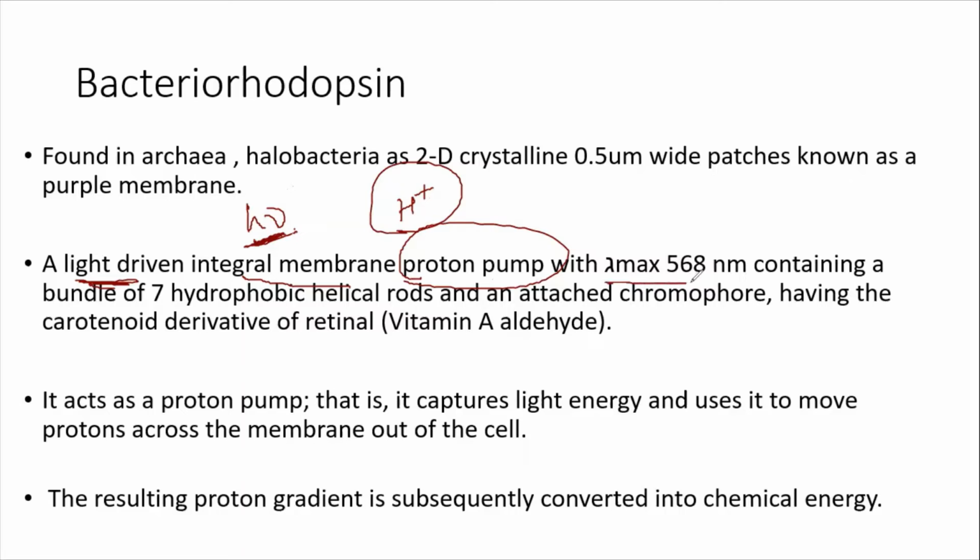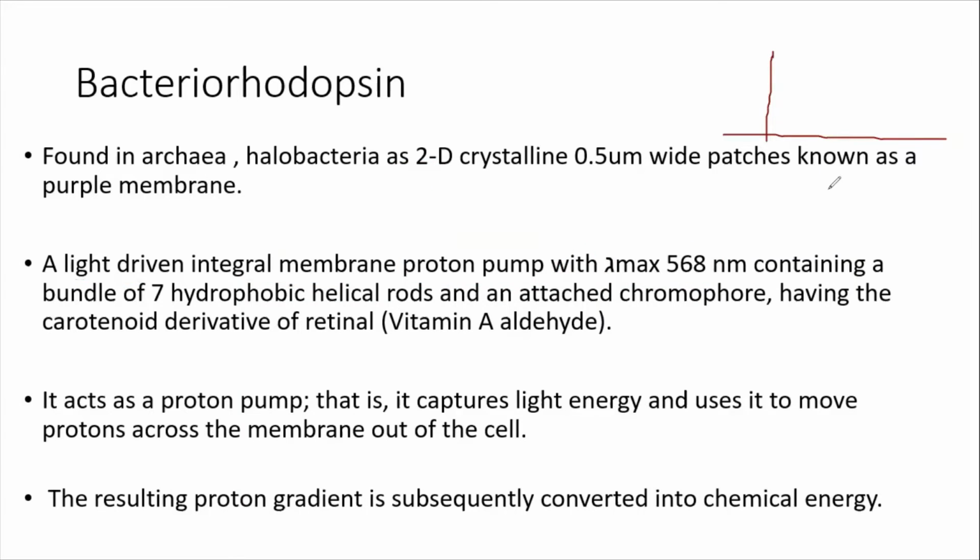Now with a lambda max of 568. So what does this mean? Lambda max. This is also for the wavelength, right? So we say lambda max. Before I proceed, let me tell you. Here we give the wavelength. Let us say this is the wavelength, lambda in nanometer we represent. Here is your absorption or whatever we give. Now when light is falling on any particular substance, it is absorbing.